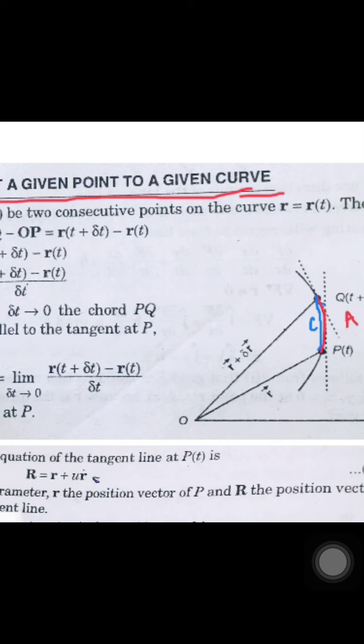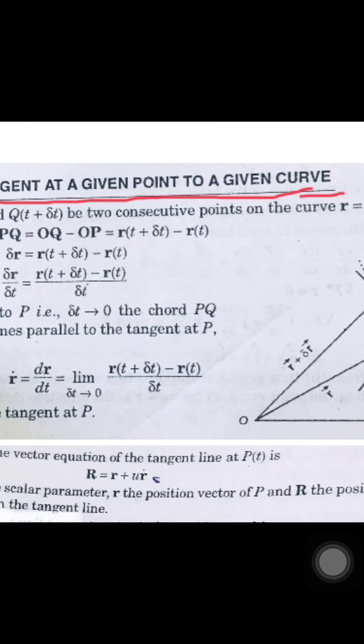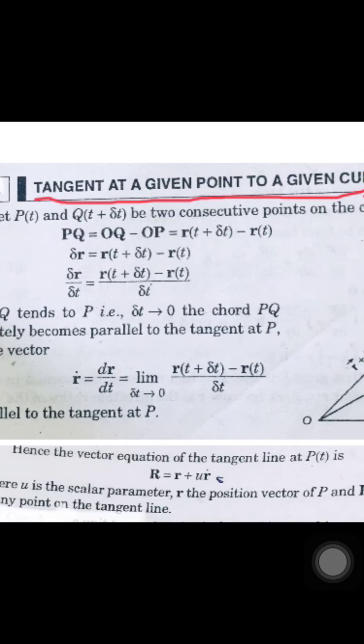OQ is r of t plus del t, because point Q has parametric coordinate t plus del t, and OP is r(t). So PQ is r(t plus del t) minus r(t).